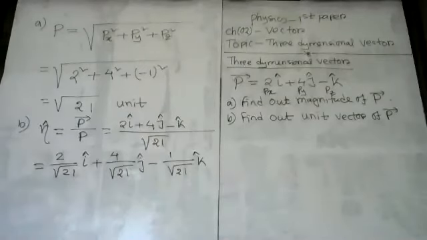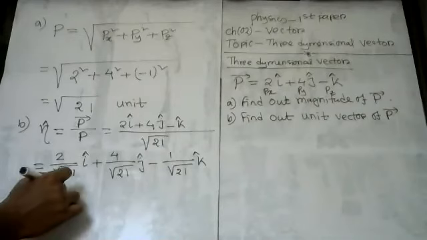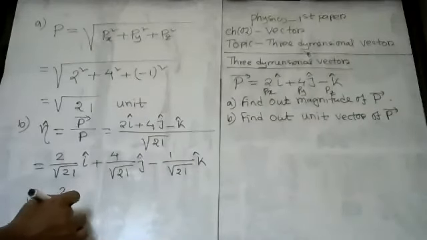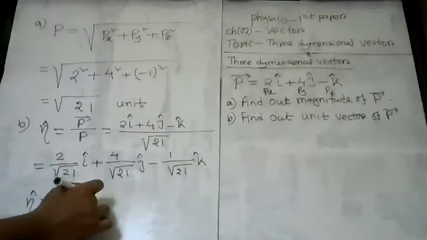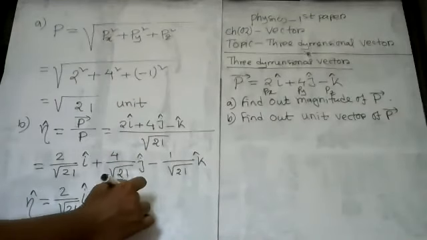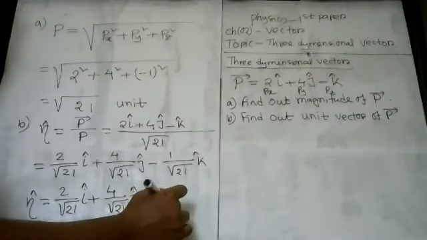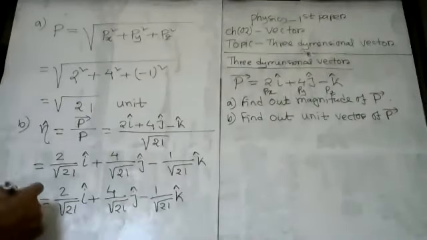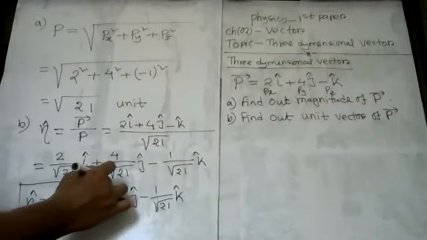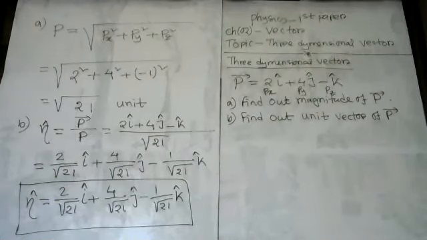So we can say that eta hat or eta cap equal to 2 by root over 21 I hat plus 4 by root over 21 j hat minus 1 by root over 21 k hat. My dear student, this is eta hat, the unit vector of this vector P.